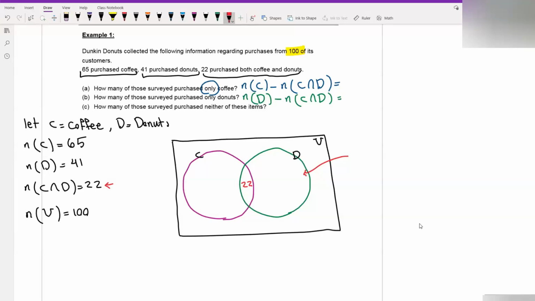So for that part, we have 41 minus 22. So it's 19. Now for C, total we have 65. So 65 minus, but we already have 22 here. So the answer is 43.